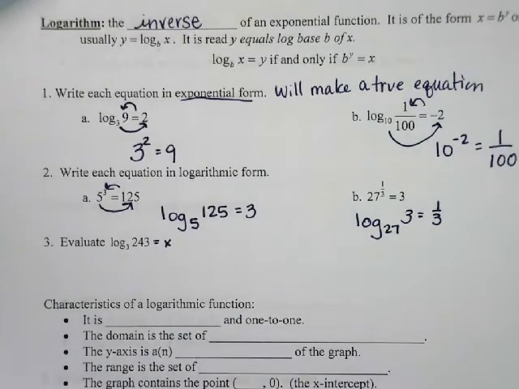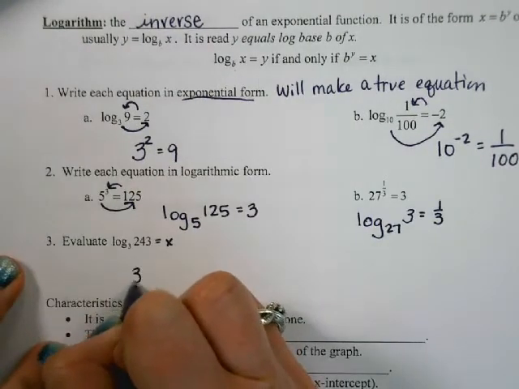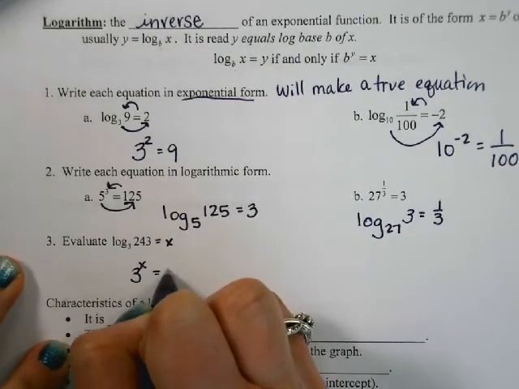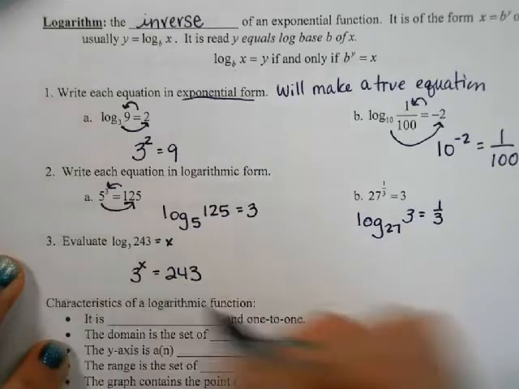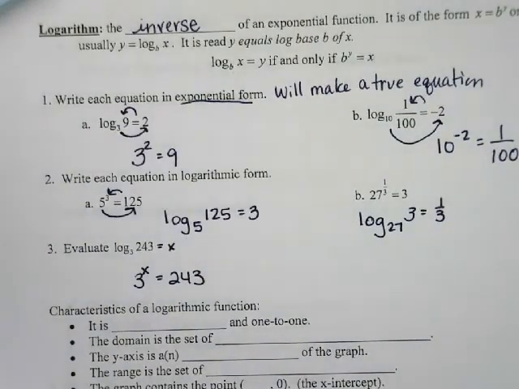So let's change this form so we can understand what's going on a little better. If the base of my logarithm is 3, the base of my exponential will be 3 as well. So 3 to the x equals 243. Hey, that's what we just did in 10-1.